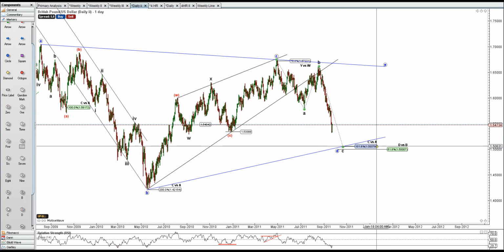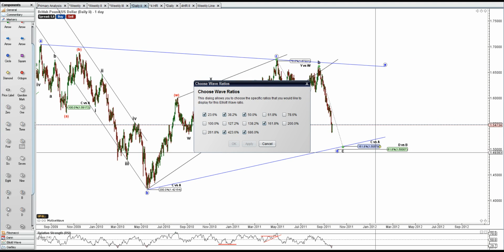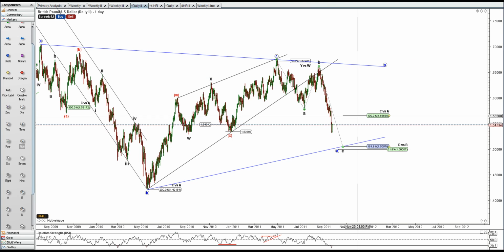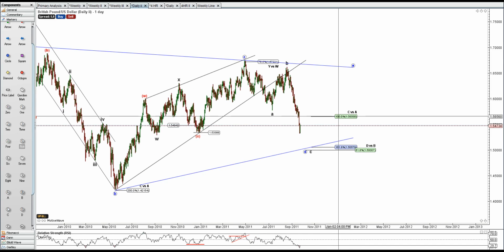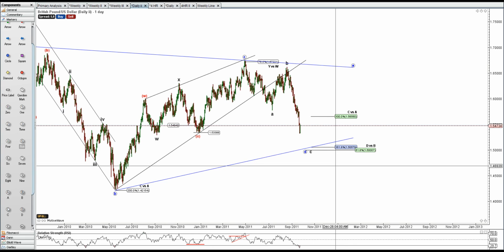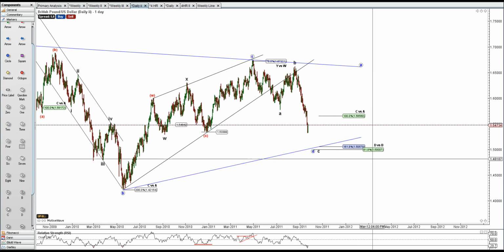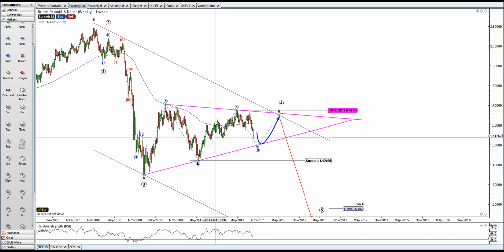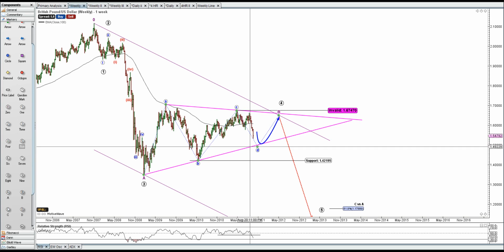We've already passed the 100% C equal A. The 161.8 is perfect with D versus the B leg at 61.8%, so that's why I'm looking for that, and it also fits nicely with this trend line.